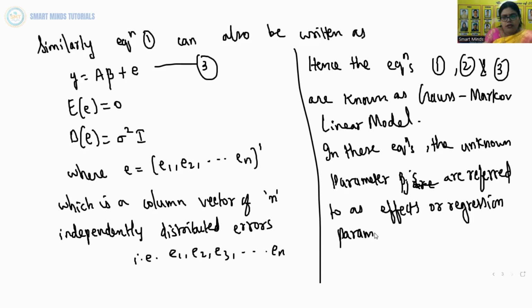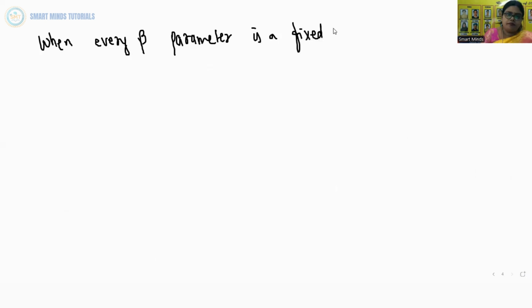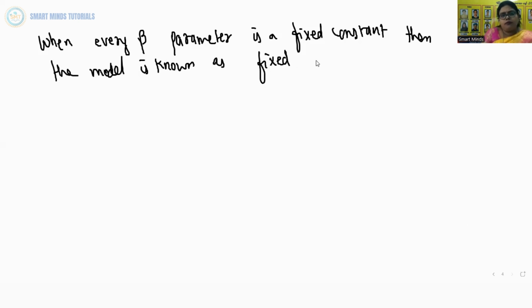So like beta 1, beta 2, beta 3, so on up to beta n, whatever betas we have used, those betas are called effects or regression parameters. Now see, when every beta parameter is a fixed constant, then the model is known as fixed effect model.